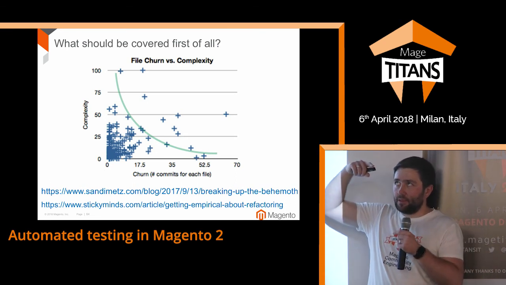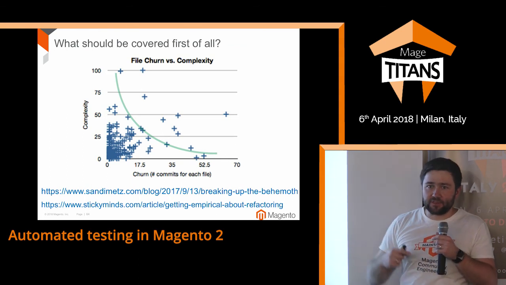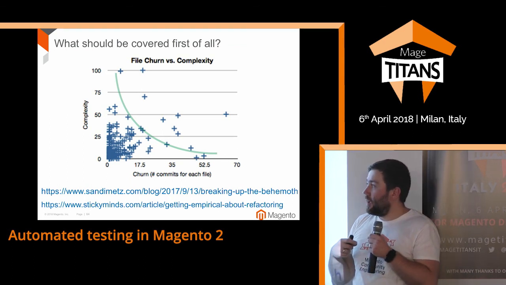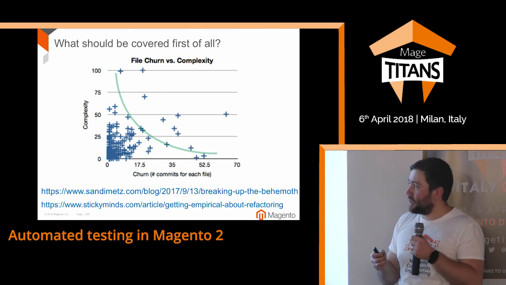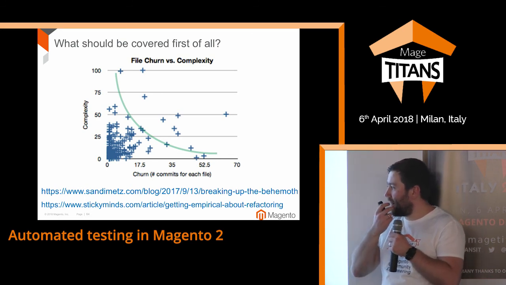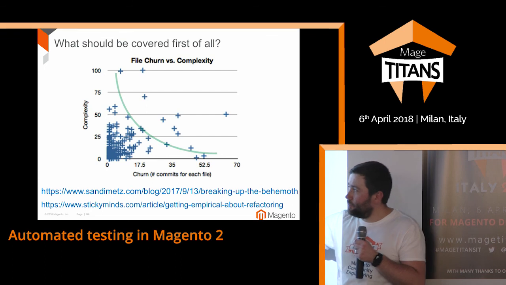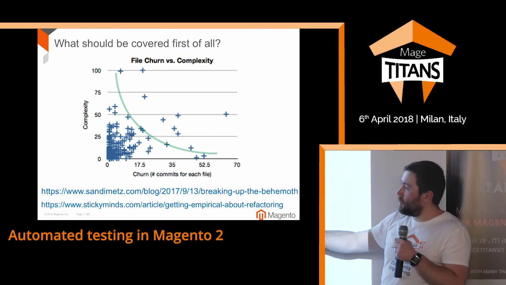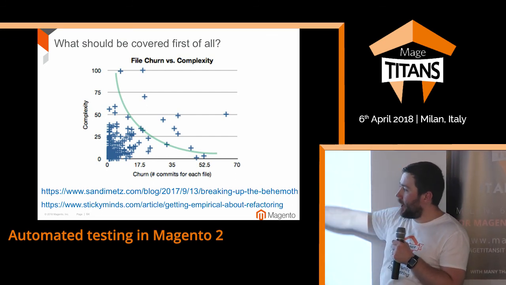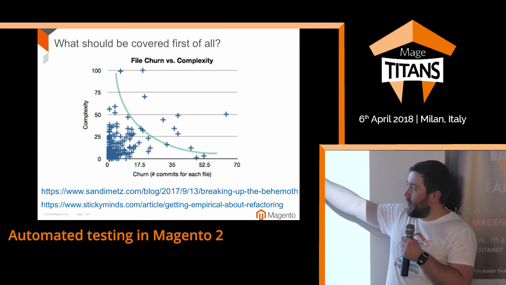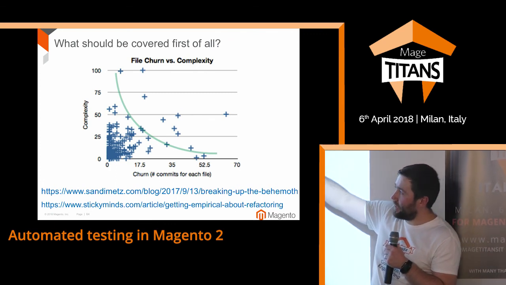You can just use the lines of code, for example, and consider that if you have a lot of lines of code, the complexity of that class is probably pretty high. And you can just build the graph and see which files are changed frequently and have a big complexity.